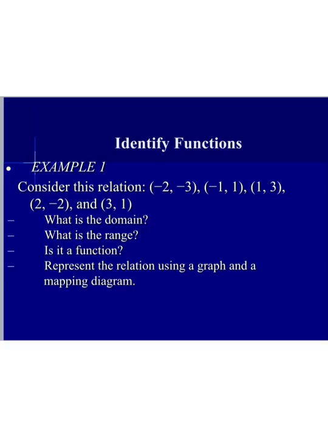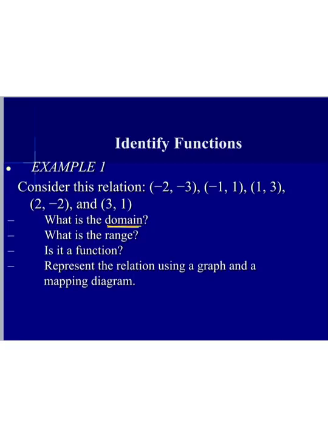So let's look at this example. We're going to consider this relation, which is (-2, -3), (-1, 1), (1, 3), (2, -2), and (3, 1). The first question is asking, what is your domain?